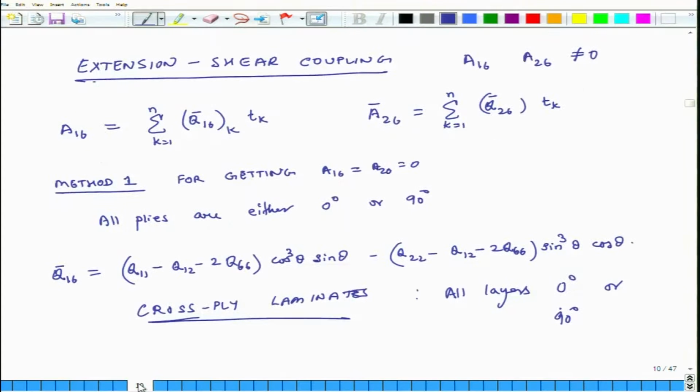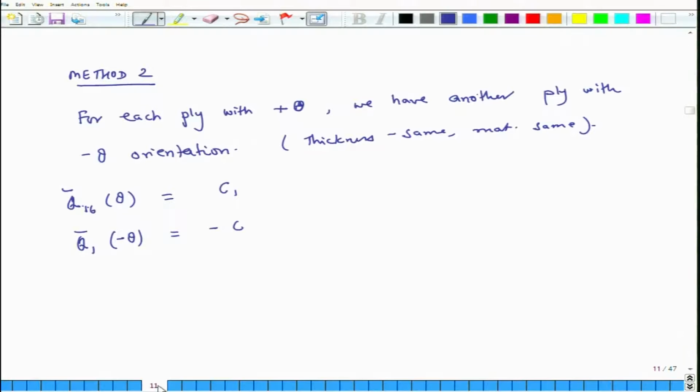Because if you look at this relation, it is an odd function in theta. Odd function means that if I change from theta to minus theta, the contribution of positive theta would be C1 times thickness of the layer, and contribution of negative theta layer will be minus C1 times thickness of the layer, and when you add these two up, it becomes 0.